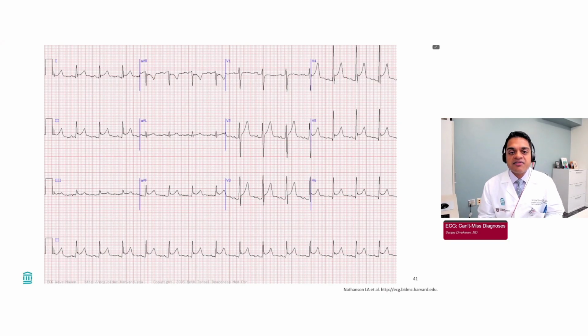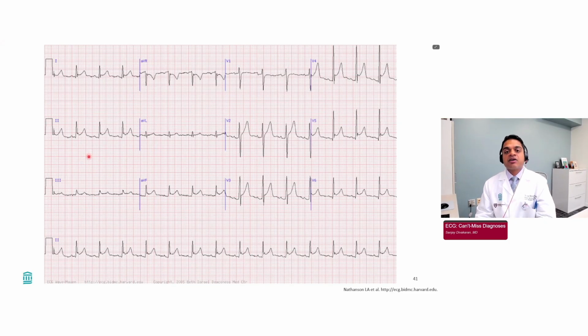But I like to use AVR as what I call a summative lead. So it's helpful in ischemia, but it's also helpful in pericarditis. And what you see in AVR is that although you see ST elevations everywhere else, you see ST depressions in AVR. And I find that the PR elevation in AVR is often easier to see and notice than the PR depressions that you see in the other leads.